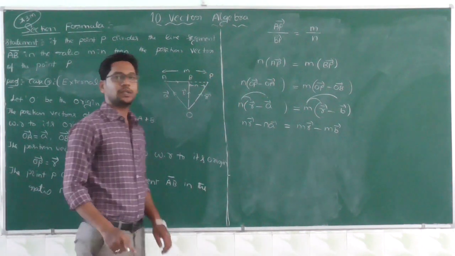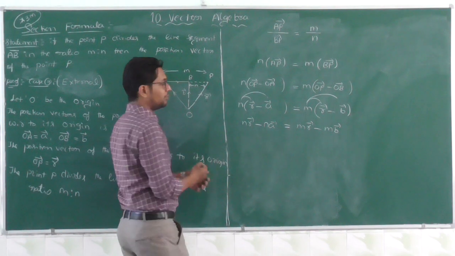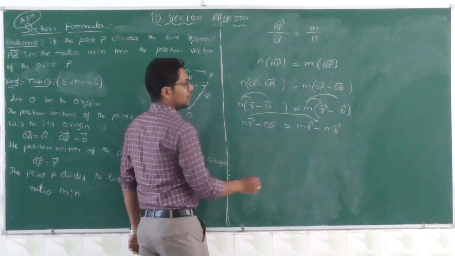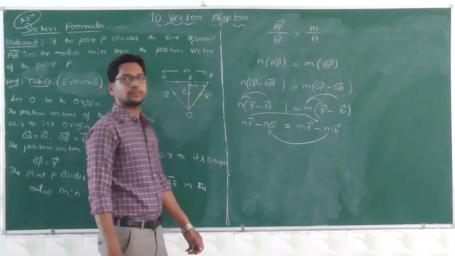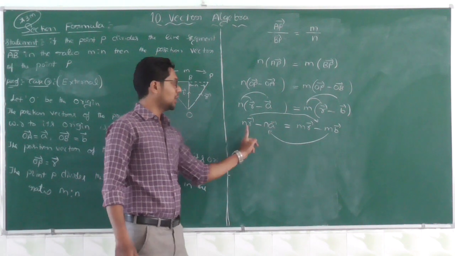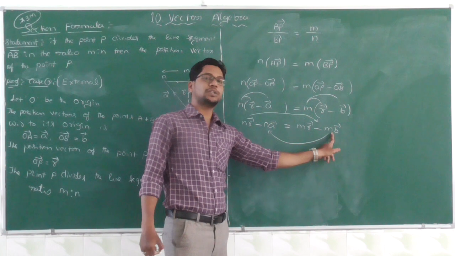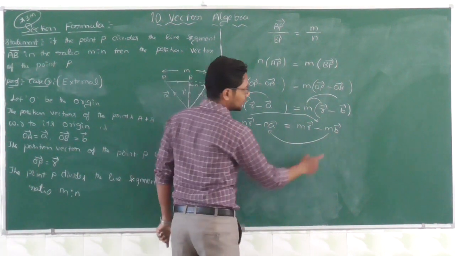What we have to find is the R vector. Send this n R vector to the right side and take this minus m B vector to the left side. I'm just shifting. Then what will happen?